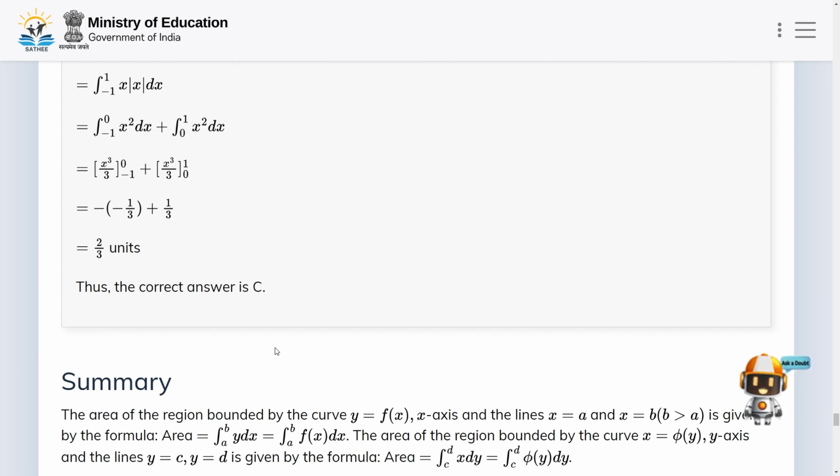Also, from the perspective of exams, competitive exams and board exams, you must know the formulas and this integral calculus concept very well, as it is one of the major parts asked in various exams. So this is it. Thank you.